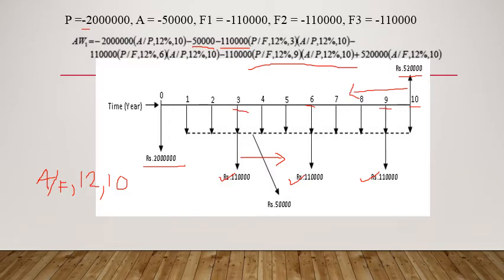See, this 5,20,000, I straight away used the factor A by F comma 12 comma 10. Why? It was at the end. And whenever that F is converted into A, it flows backwards for 10 equal uniform payments.